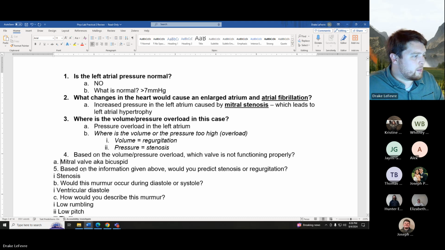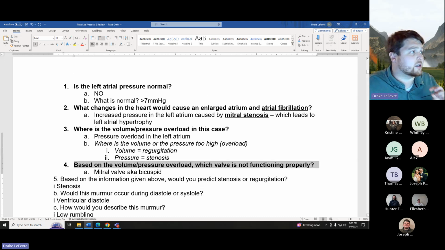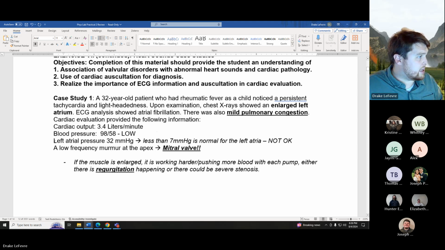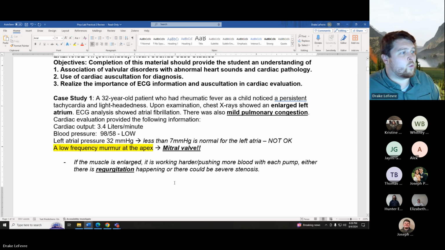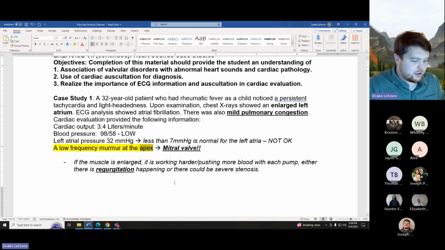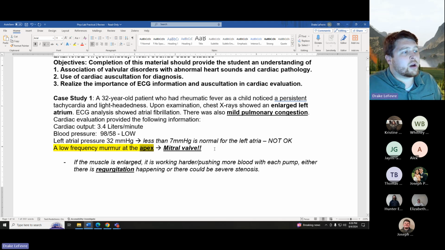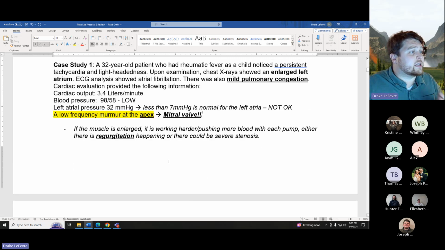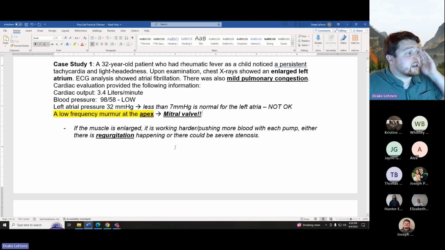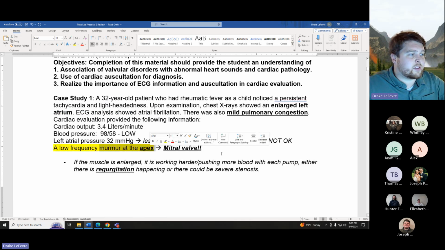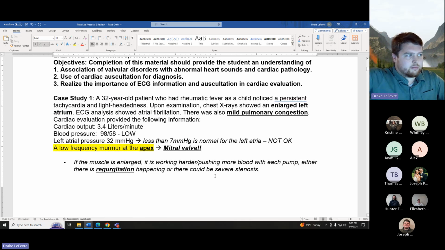And really, for 90% of these questions, all you need to look at is this right here. Where the murmur is located is going to give you 90% of the time where you're supposed to be looking. Because realistically, if I say there's a murmur at the apex of the heart, immediately, that's the mitral valve.